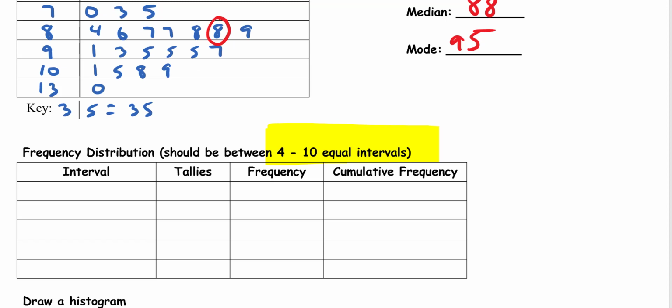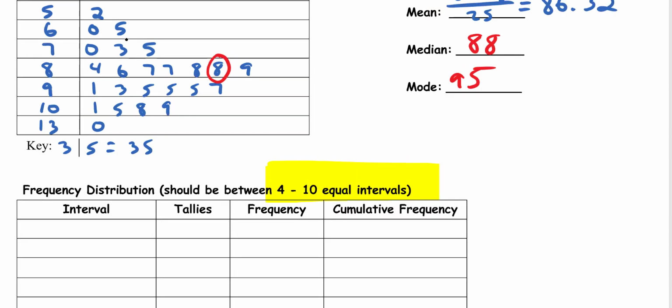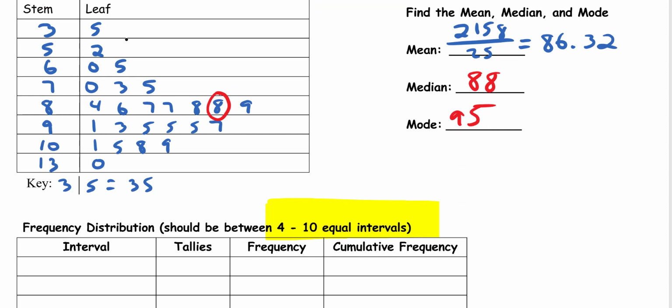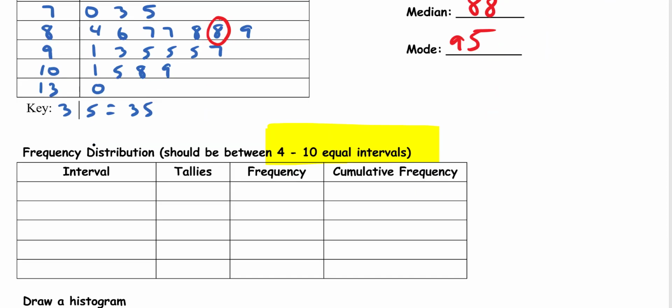Looking at the data, scanning it a little bit, I've got values starting at 35 and going up to 130. Yours can be different than mine, it doesn't matter, but if I start from 30 and go up by 20s, that should be good for me.